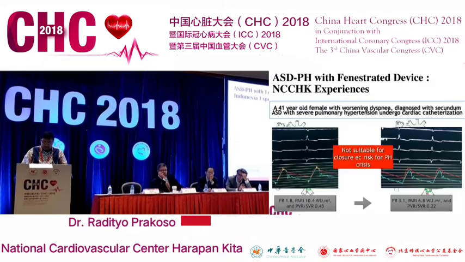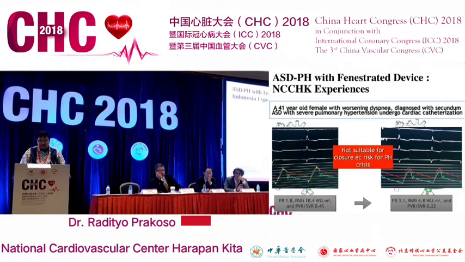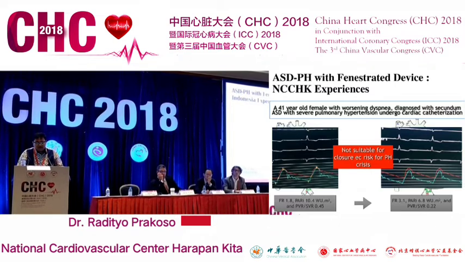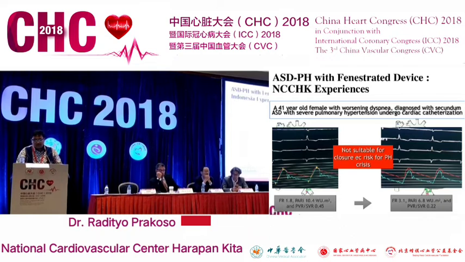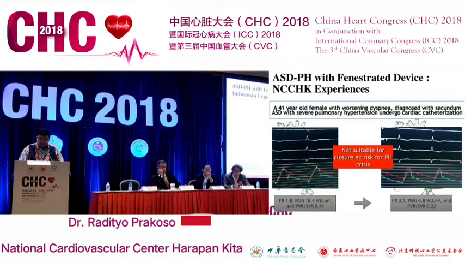Next, these are our new cases, secondary ASD with pulmonary hypertension. We have an experience in Indonesia of 5 cases, 3 cases in the National Cardiac Center and 2 cases in another hospital, done with my friends.